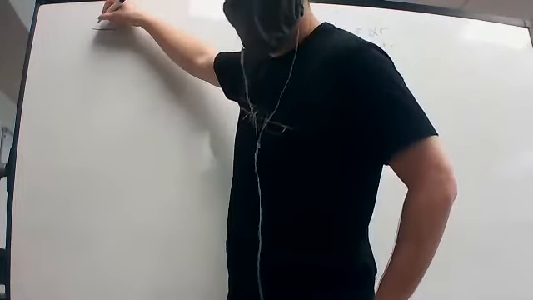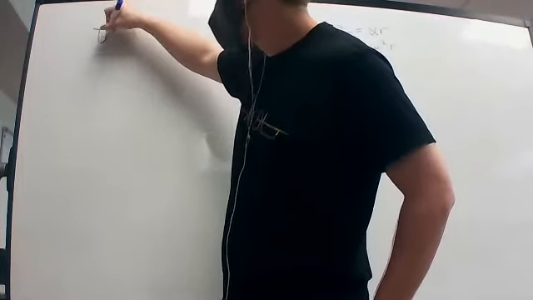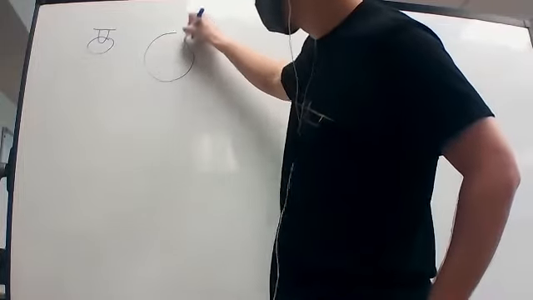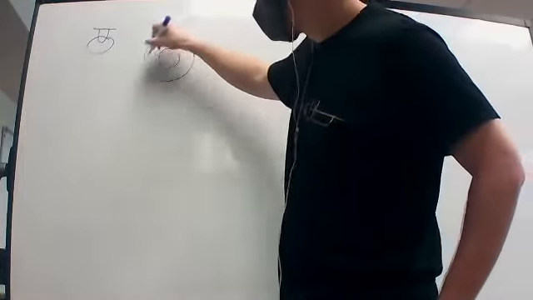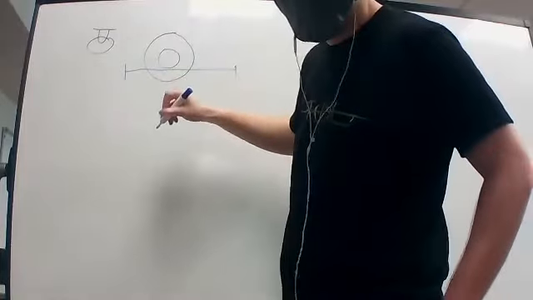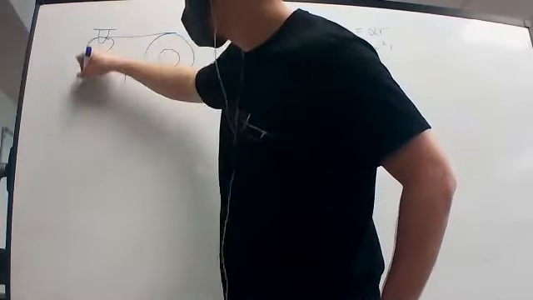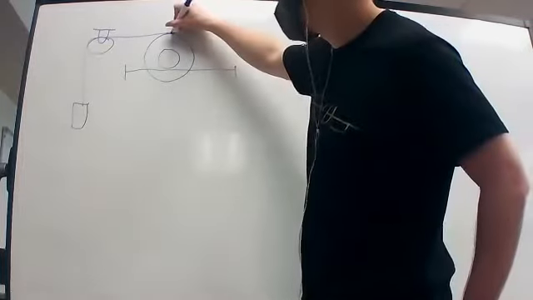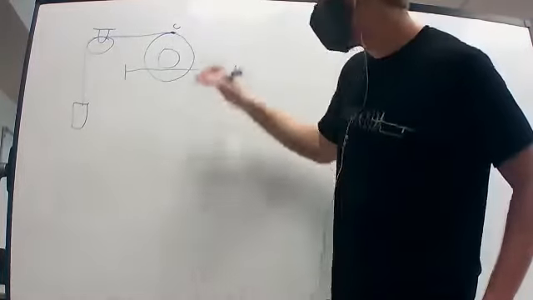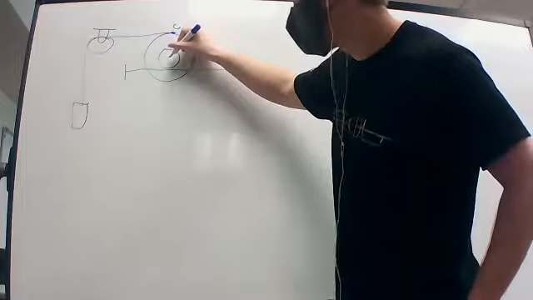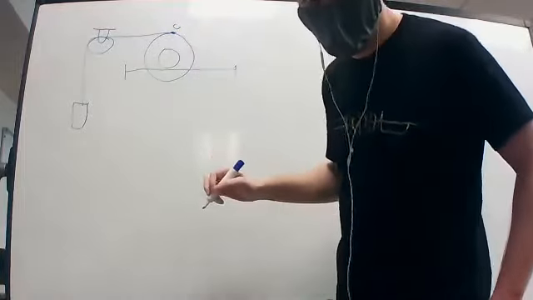And so we have a block set up on a pulley attached to a wheel with an inner and outer radius, with the inner radius being set on a surface.